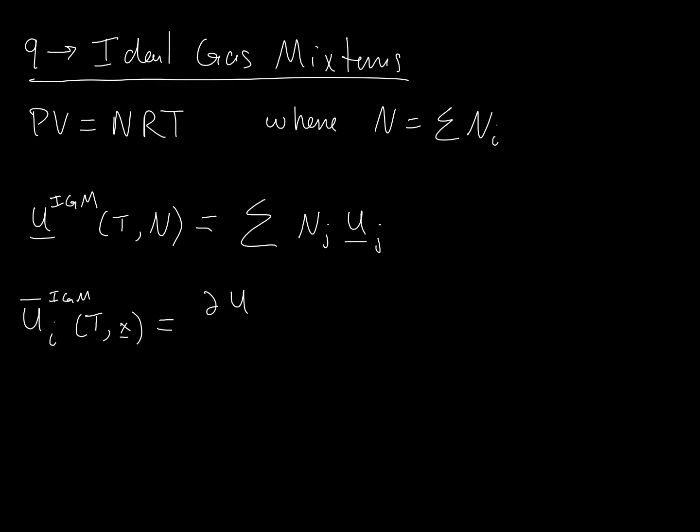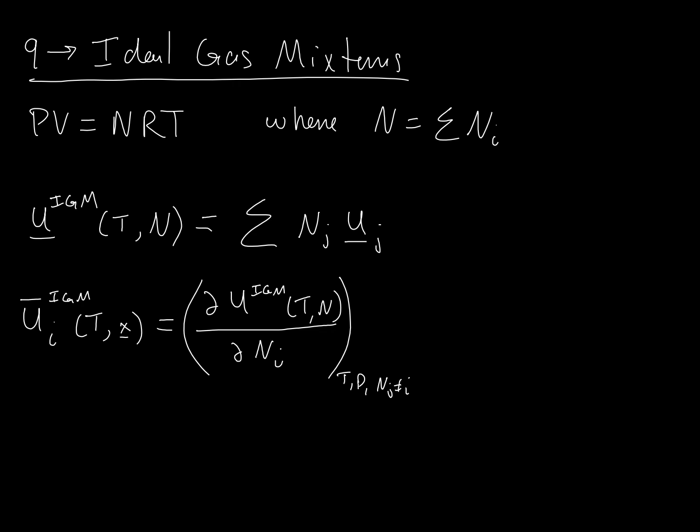Now our definition of the partial molar property is: how does the total internal energy of the system change as I add a little bit of species i back into the system.